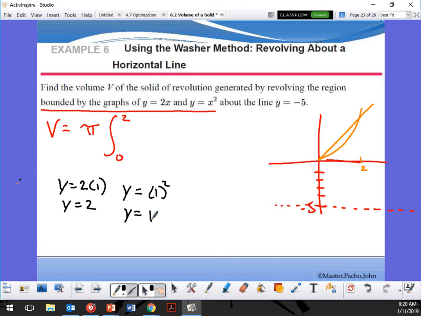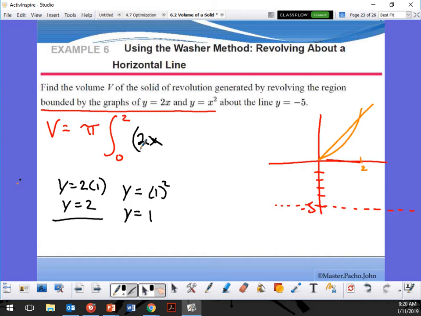Therefore, 2x is going to be on top, so I'm going to leave it right there.